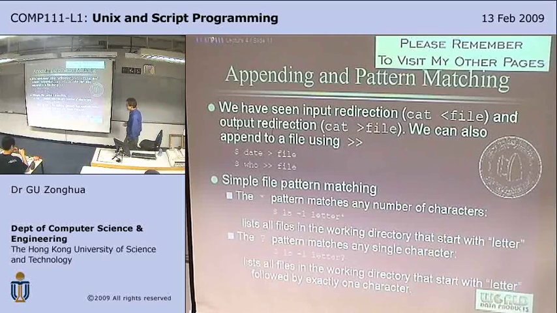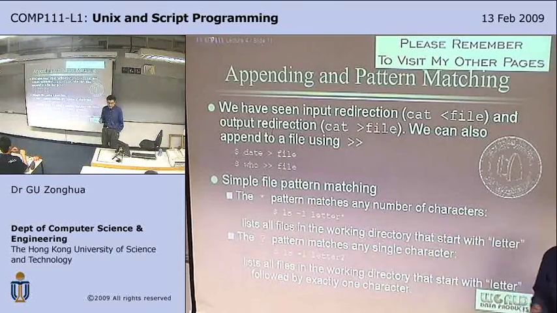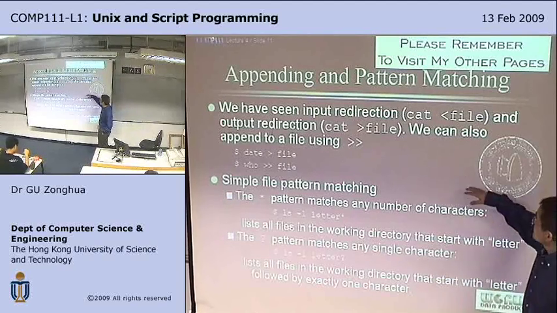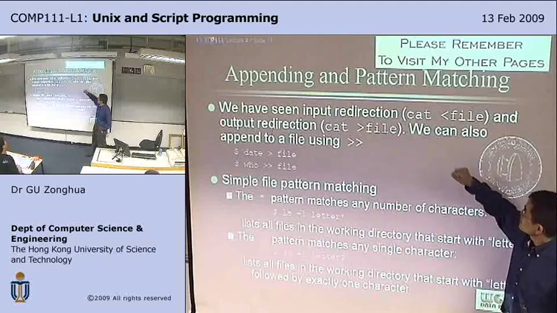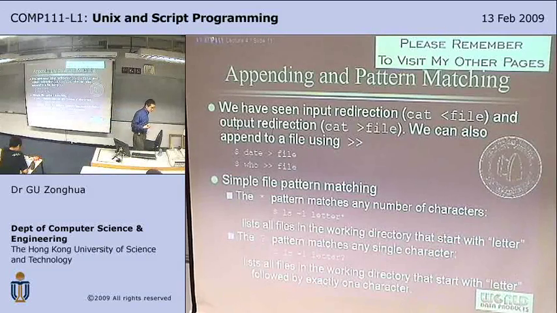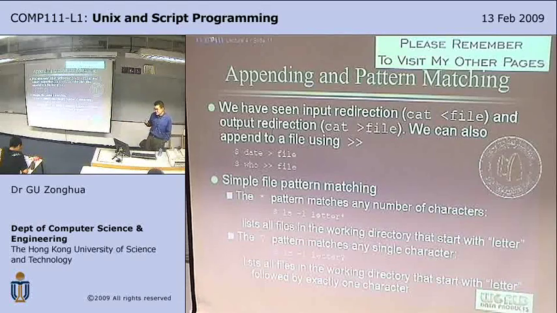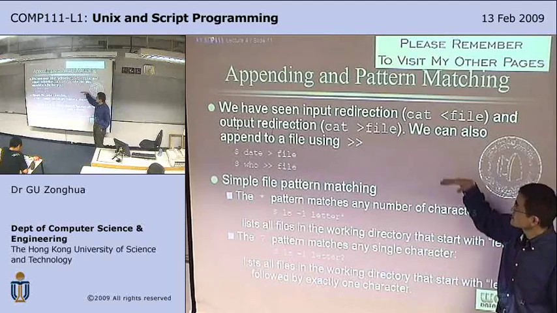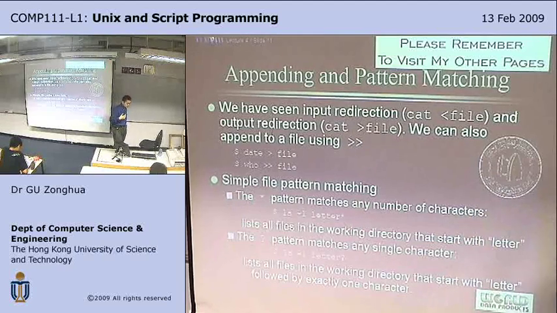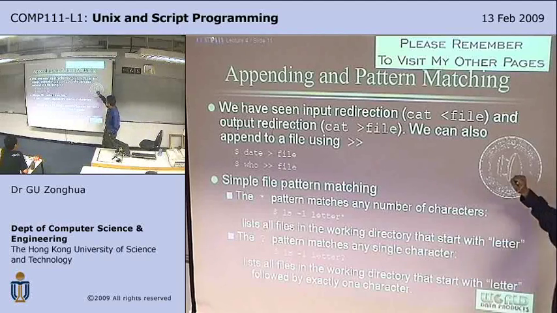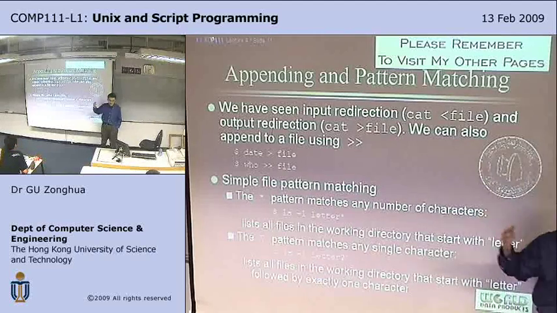So now we switch a little bit to talk about appending and pattern matching. So we saw input redirection with the less than symbol. So cat less than file, where cat is a command to display a file with the standard input as the keyword. If you say less than file, it means redirect the content of the file called file into the command to replace the standard input.